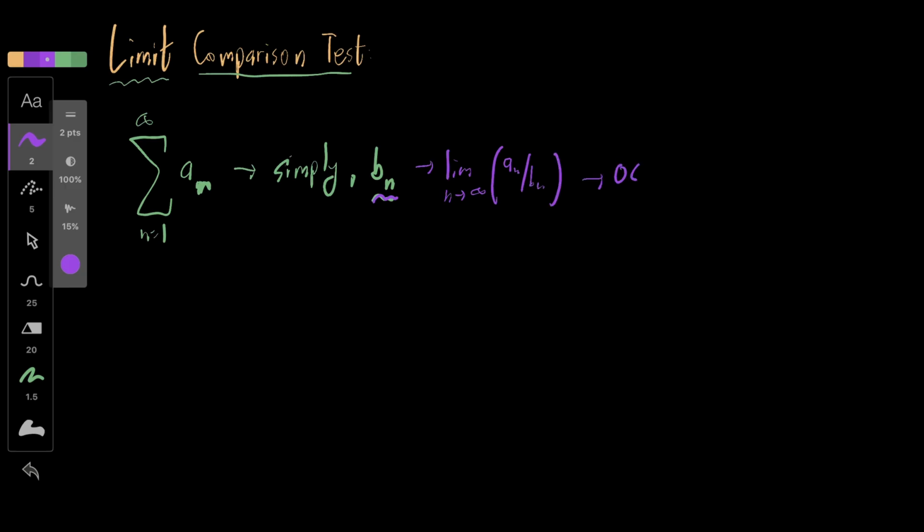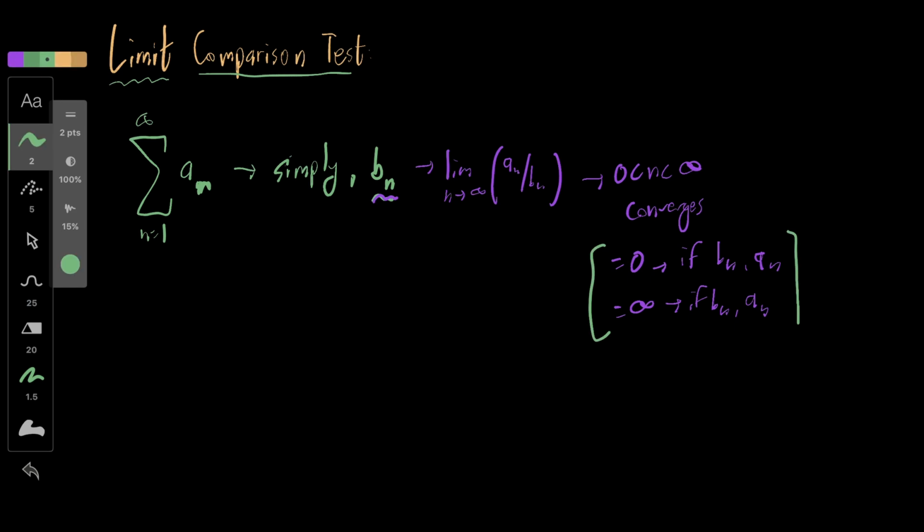Now, if 0 is less than the limit, which is less than infinity, then both series converge or diverge together. If it is equal to 0, then if b_n converges, a_n converges, and if it's equal to infinity, if b_n diverges, a_n diverges. Essentially, you'll notice these two cases are just the comparison test.